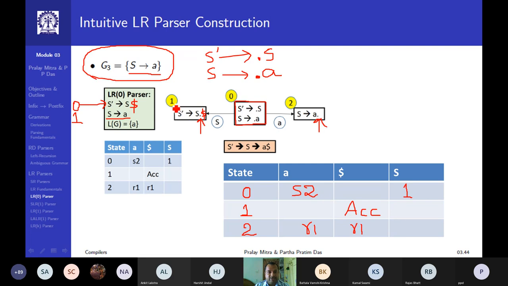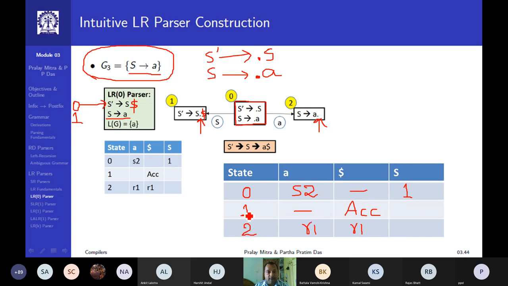So standing at position 1, if I see there is one more A, then I have nowhere to go. That is my parsing error. Standing at 0th position, if I see immediately there is a dollar, that also leads to blank, an error state.